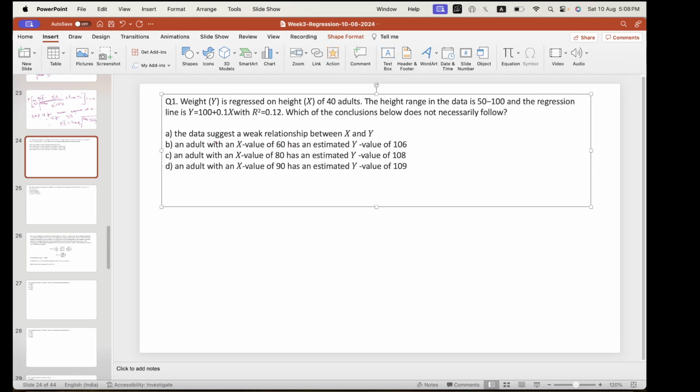So if we plug in x equal to 60, we get 106. If we plug in x equal to 80, then we get 108. If we plug in x equal to 90, this is 109. So all of these are true.